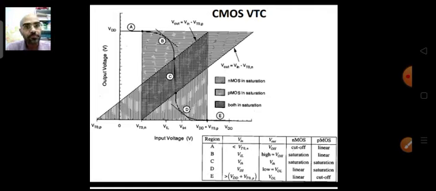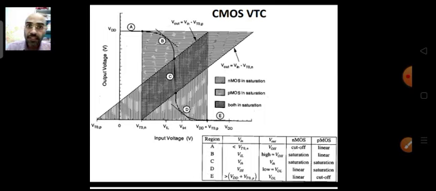Now in region B, you can see that region B is demarcated from VTN to some point. Your NMOS will come into the saturation region directly. Why will it come into the saturation region?